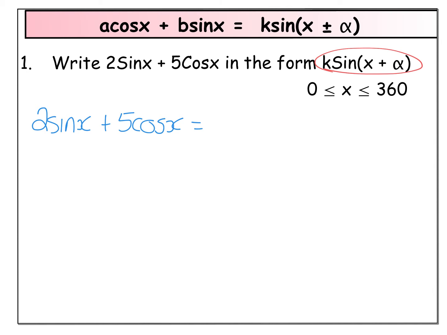It's always a bit symmetrical looking. So this equals k sine x cos alpha plus, the sign stays the same with the sine expansions, k cos x sine alpha. Okay, so it's symmetrical: sine cos cos sine.